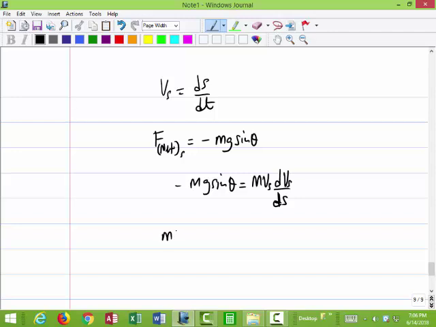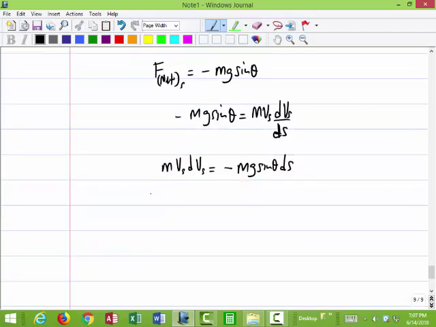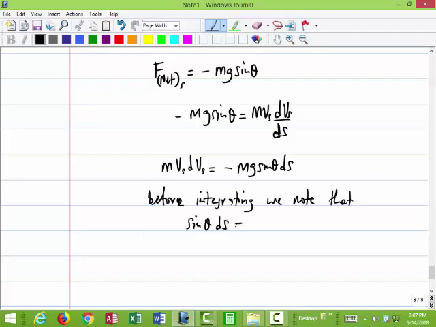Let's rearrange it. m v subscript s dv subscript s can be written as minus mg sine theta ds, and then you can integrate both sides. Before we integrate, we note that sine theta ds is equal to dy. So we shall have m v subscript s dv subscript s equals minus mg dy.